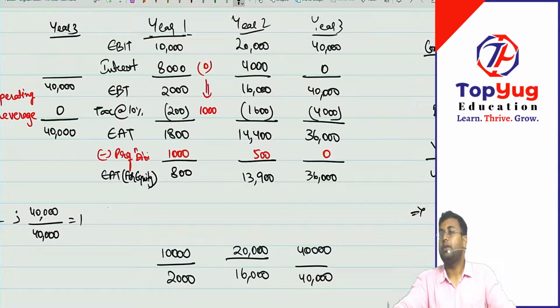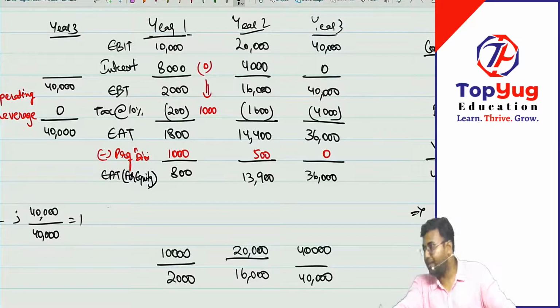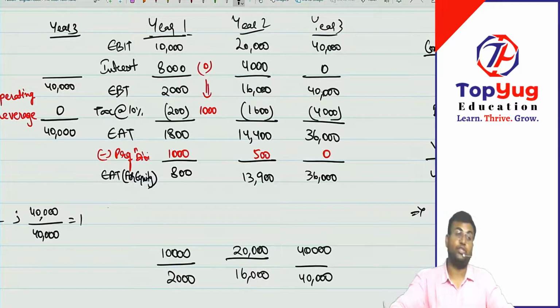Correct. But because you don't have any interest, are you paying excess tax? Because you don't have any interest, are you paying excess tax? How much? How do you calculate tax shield, or how much would be your actual outflow of tax?